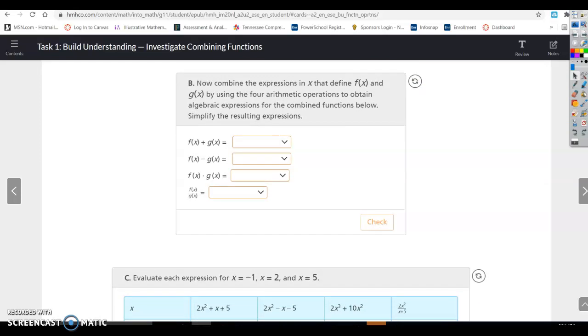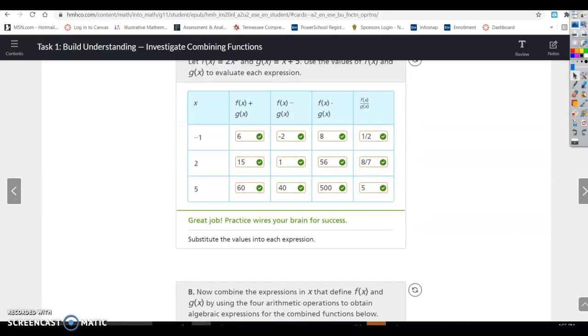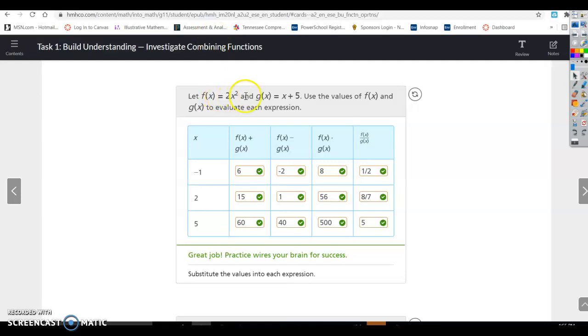Alright, now it says now combine the expressions in x that define f of x and g of x by using the 4 arithmetic operations to obtain algebraic expressions for the combined functions below. Simplify the resulting expressions. So it's saying take the actual functions. So we're going to take 2x squared and add it to x plus 5.